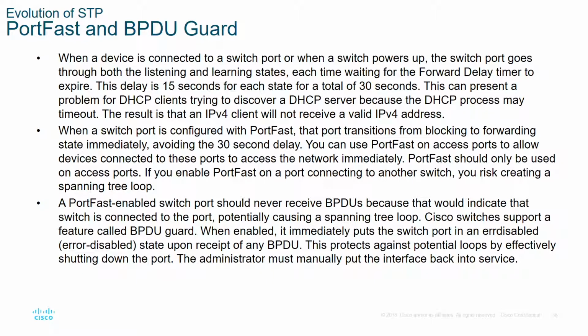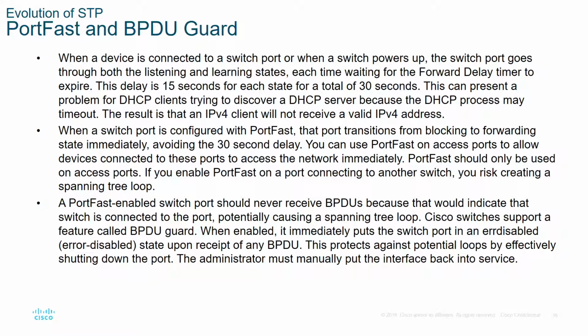A PortFast-enabled switch port should never receive any bridge protocol data units, because that would indicate that a switch is connected to the port, potentially causing a spanning tree loop. Access ports are never going to be used for any interconnections between switches, hence why you can do PortFast on them. Cisco switches support a feature called BPDU guard.